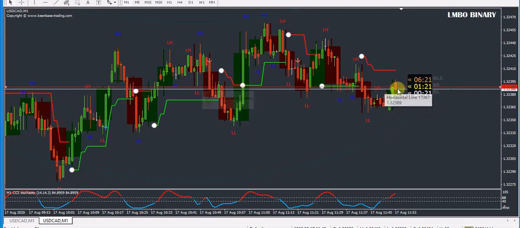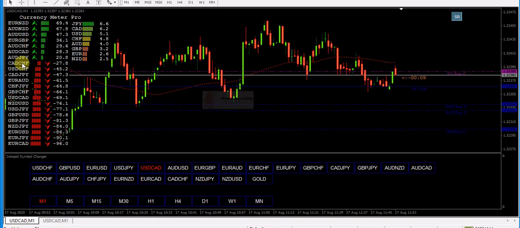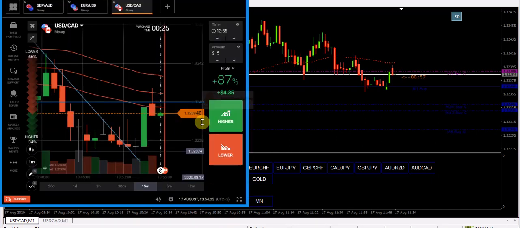It's respecting, but there is a gap, and now we can see which range the market is in, USD CAD. Now it is making a trend here, so it means it will go down.